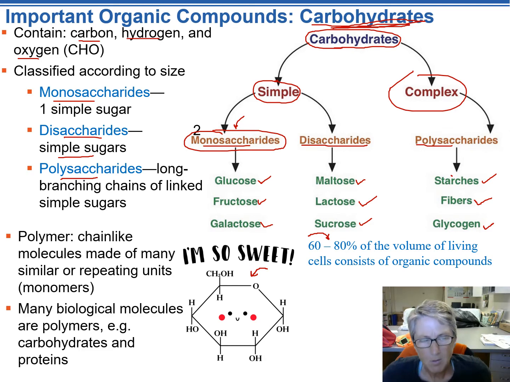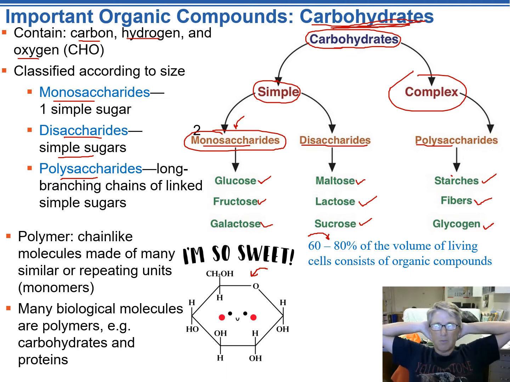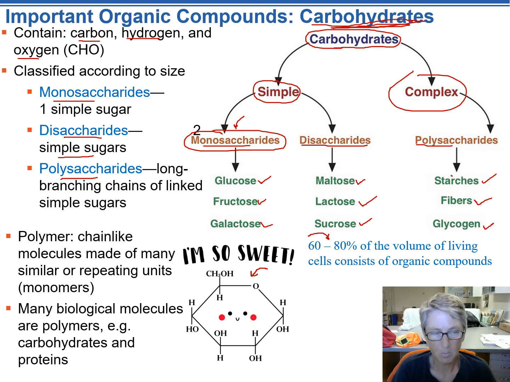And then this is a general term, a polymer. You may have heard of the term polymer in other areas of science, but in anatomy and physiology, a polymer is just a chain-link molecule made of similar or repeating units called monomers. For example, a carbohydrate is a polymer, and it's made of the monomers glucose and maybe fructose and galactose.